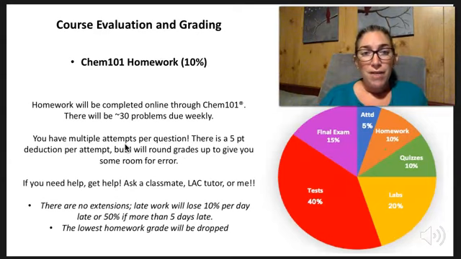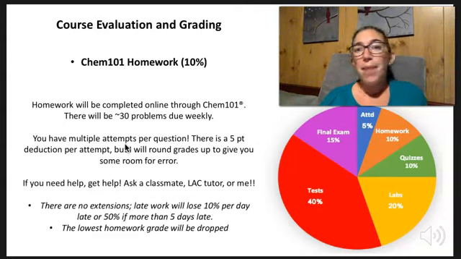The next component of the grade is homework, which is 10% of your grade, and the homework will be completed online through the Chem 101 online website, and there will be about 30 problems a week, so about 30 problems per chapter. You will have multiple attempts for each question.